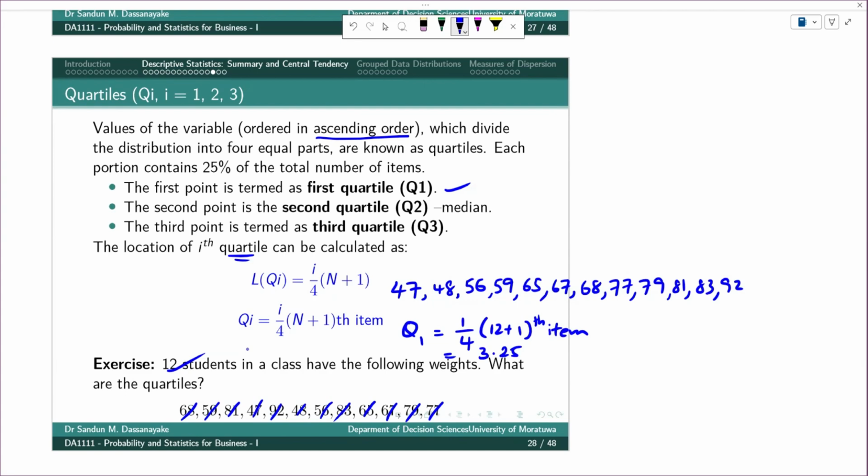So 1, 2, 3. Just put a line there, just in case. And then you have Q2. That's going to be 2 over 4 times (12 plus 1)... that's 14 divided by 2. That's going to be 7.